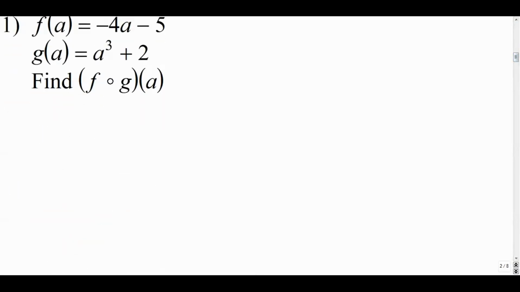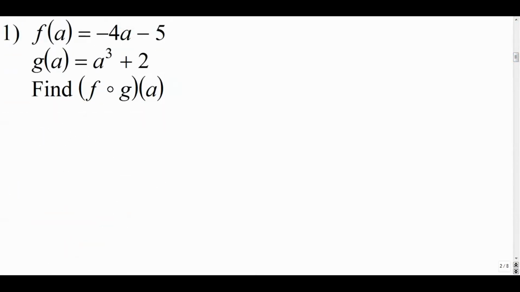Number one, I'm giving you that the function f is negative 4a minus 5 and the function g is a to the third power plus 2, and I'm asking you to find this composite. What I like to do is change that to f of g of a.